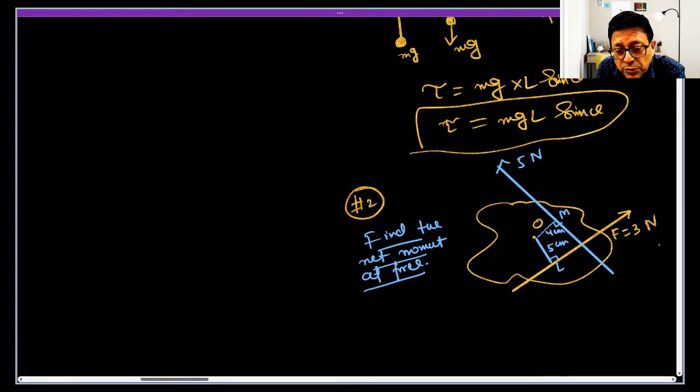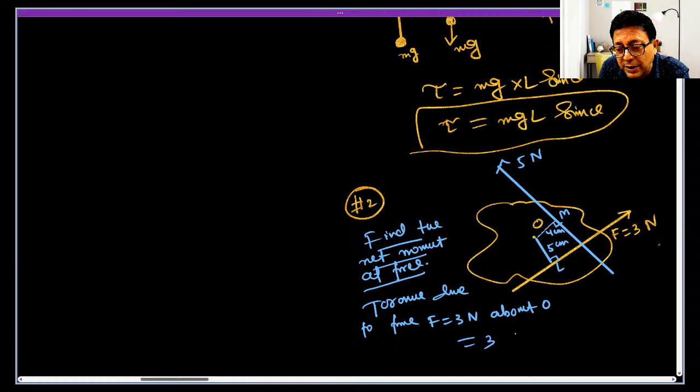So torque due to force F equal to 3 Newton about O will be 3 into OL, and it rotates OL in anti-clockwise sense.